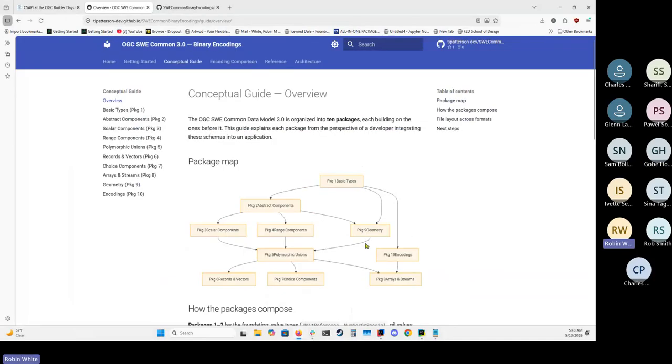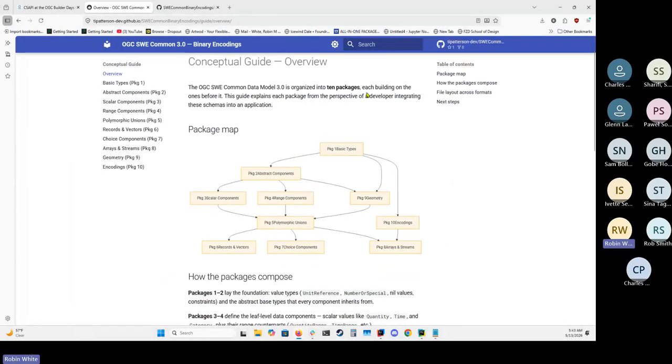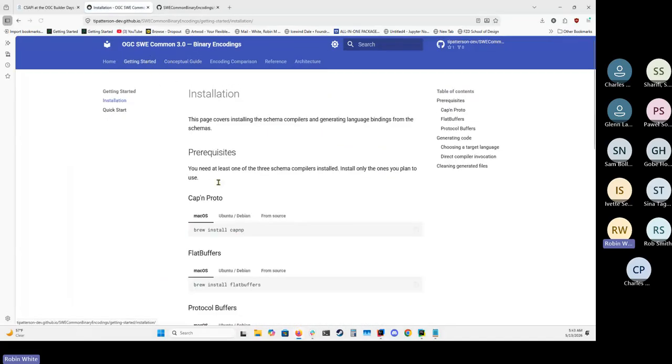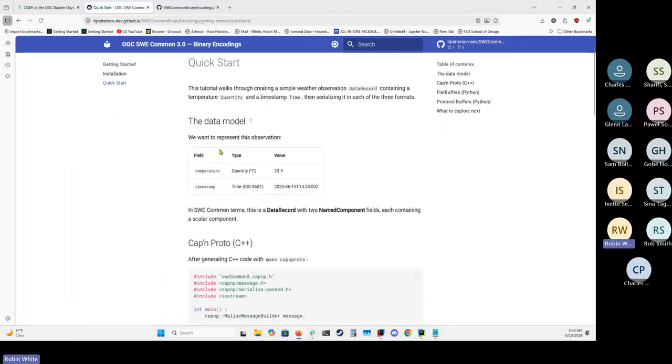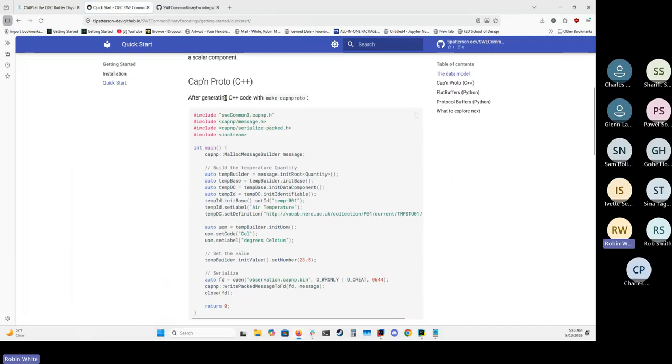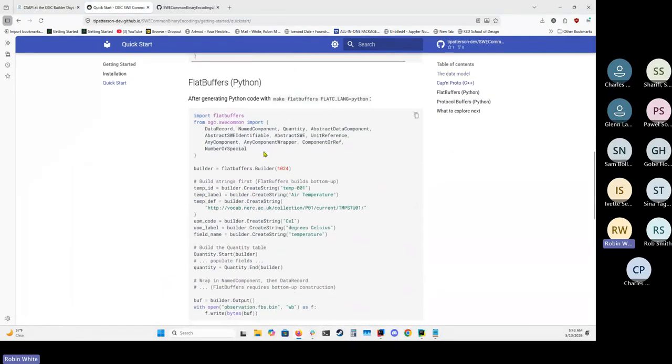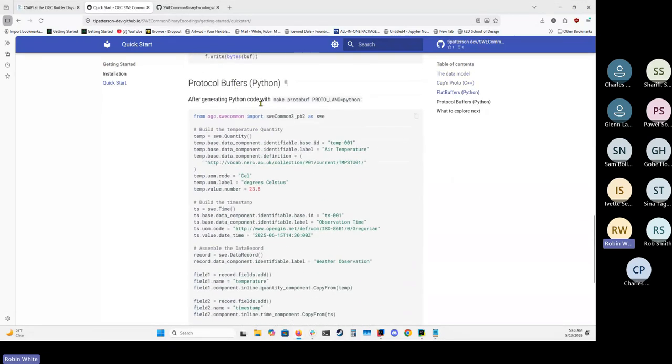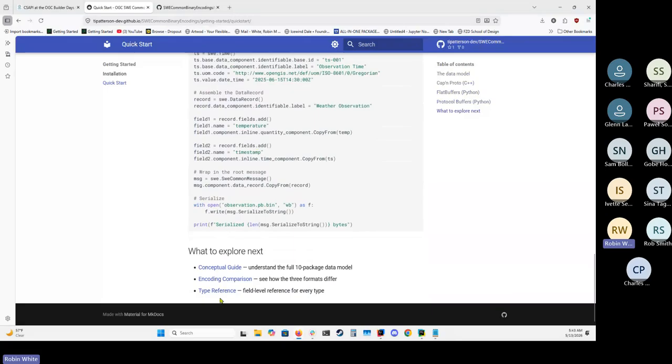Okay, thank you. So this is just the conceptual overview for the part 3 documentation that I mentioned that maps onto part 5. But if anybody wants to go to this source at any point, it also has a quick installation and a quick start guide for some of the serialization options for Cap'n Proto, FlatBuffers through Python, and Protocol Buffers through Python as well.